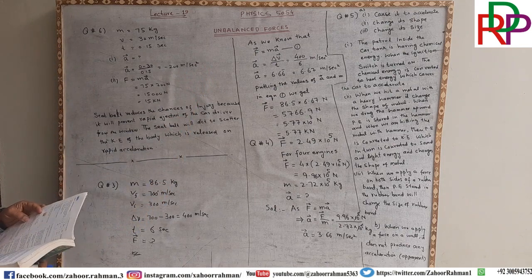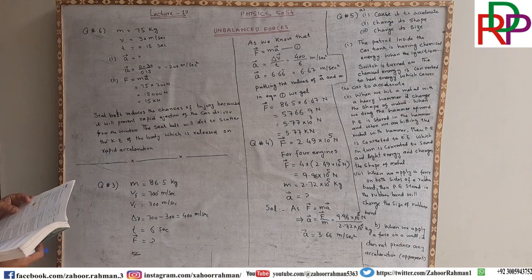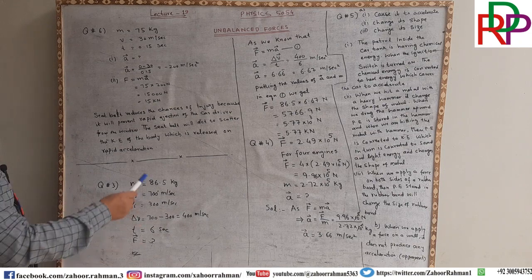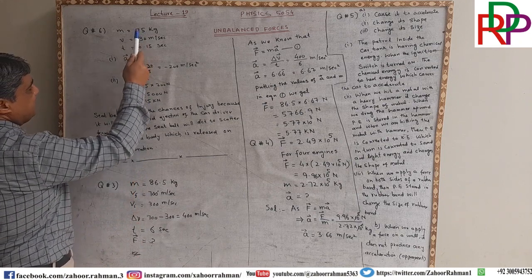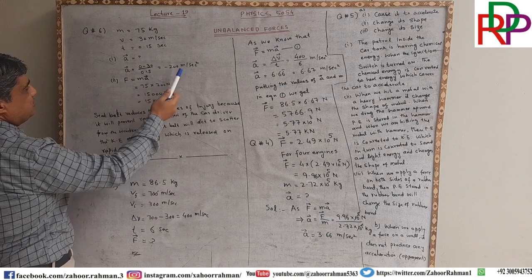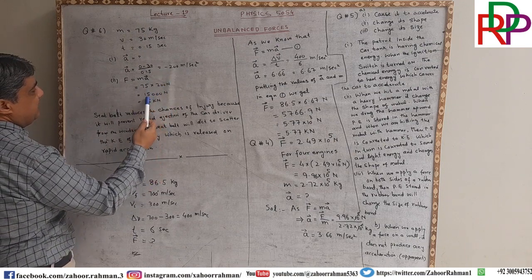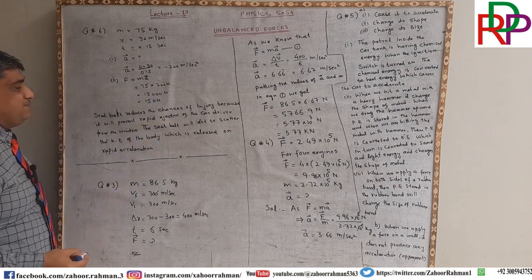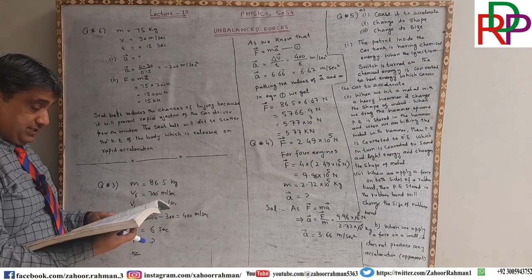And the second part is saying the average force on the dummy driver caused by its impact. So F is equal to m a. m is given as 75. a is 200 we calculated. So when we multiply, 15,000 newton or 15 kilonewton is the answer. Not a big deal. It was an easy question.